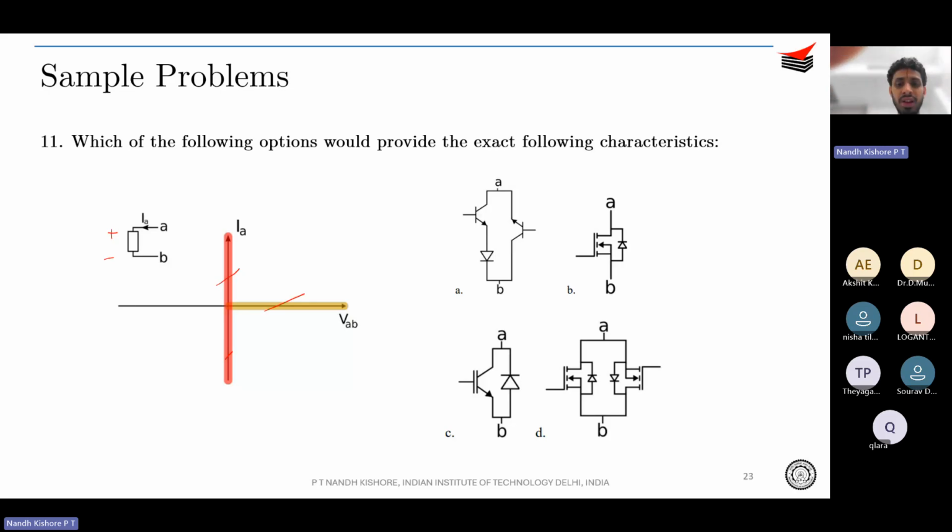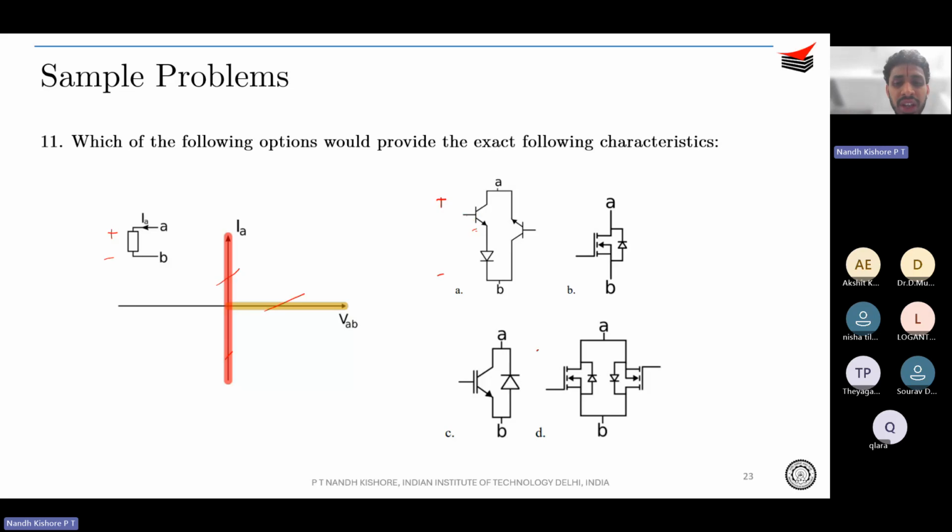So consider example A. Can it block positive voltage? Yes, it can block positive voltage, right? If you don't give any base current to this particular BJT, this BJT will not conduct.